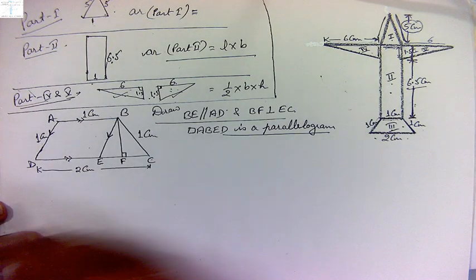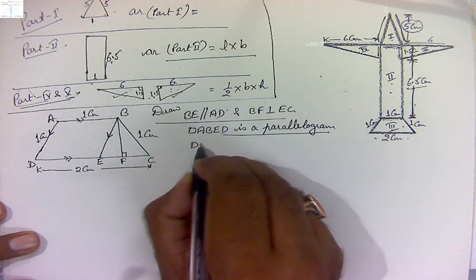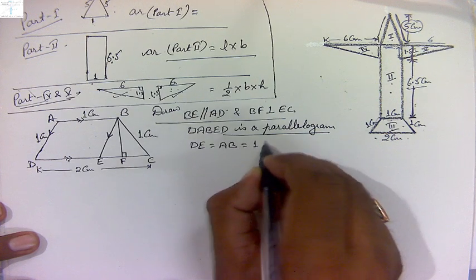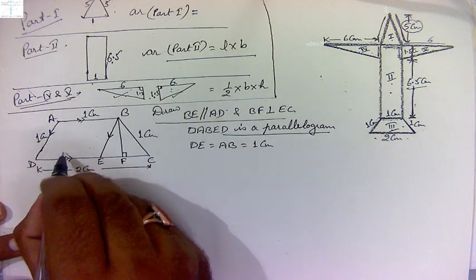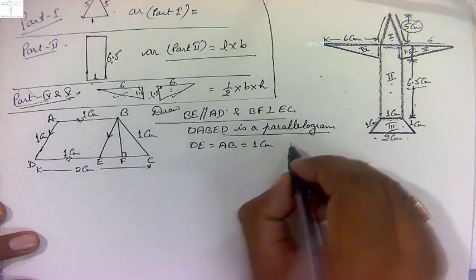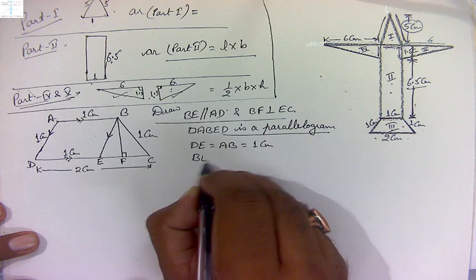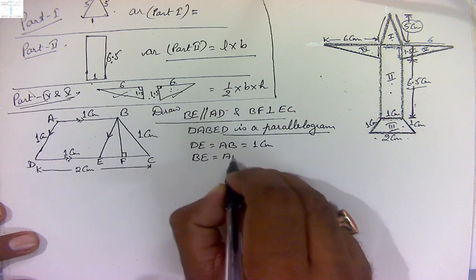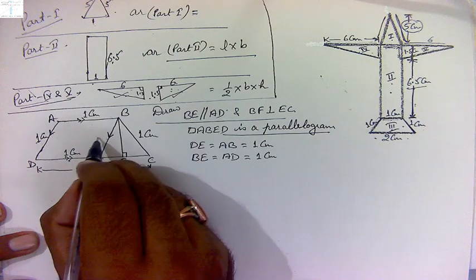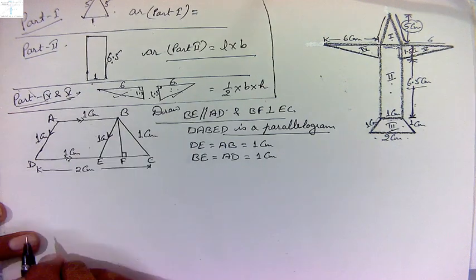Now if this is a parallelogram, then DE will be equal to AB, that is 1 centimeter. So this side is also 1 centimeter, and BE is equal to AD, that also becomes 1 centimeter. So this side is also 1 centimeter.